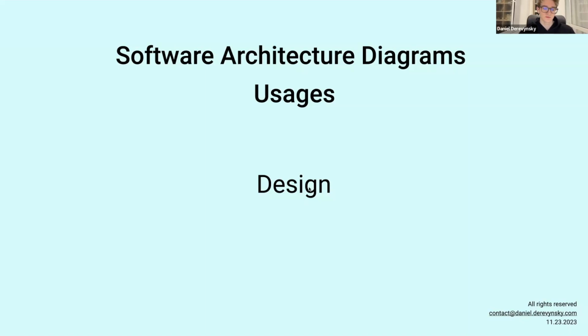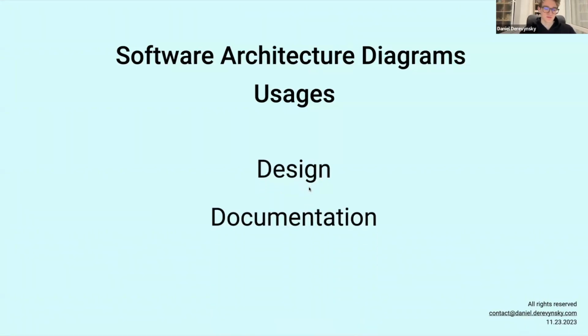When you're trying to discuss with your teams, you would also prepare architecture diagrams to visualize and help people better understand the new feature or the new system that they are working on. You would usually put them in your internal documentation.